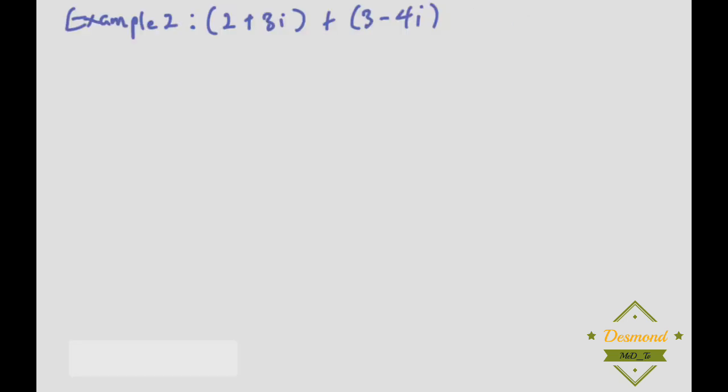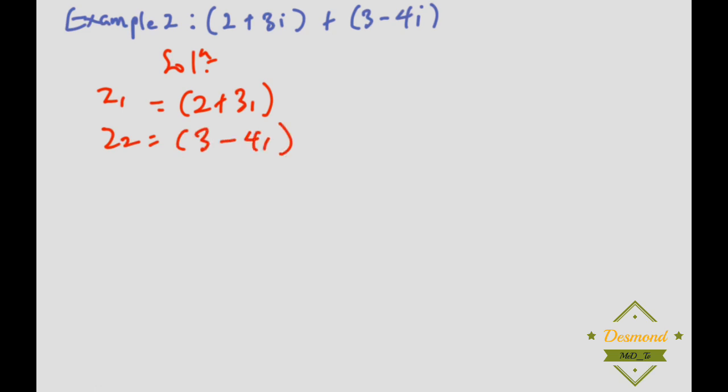Now let's take example 2. You can pause this video and try it on your own. So with example 2, we have two complex numbers. Alright, so let's say z1 is equal to 2 plus 3i, z2 is equal to 3 minus 4i. How do we add this? So z1 plus z2. You add the real part or the real terms, and you add the imaginary terms separately.